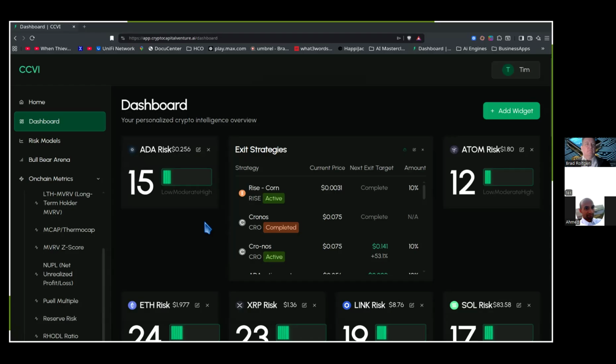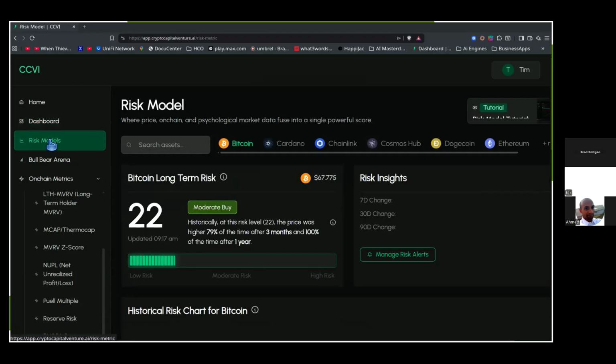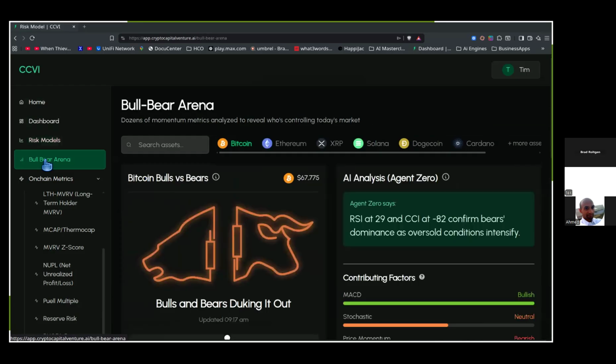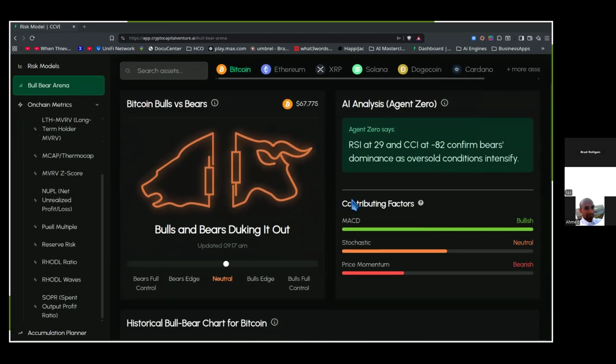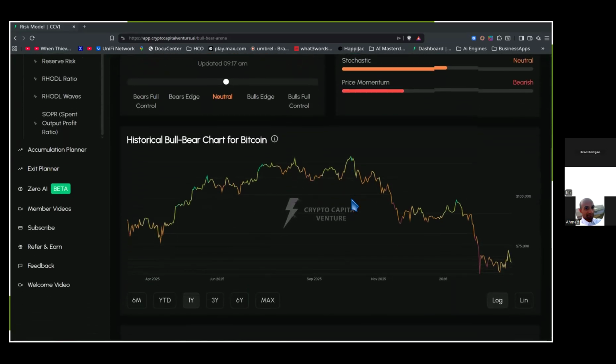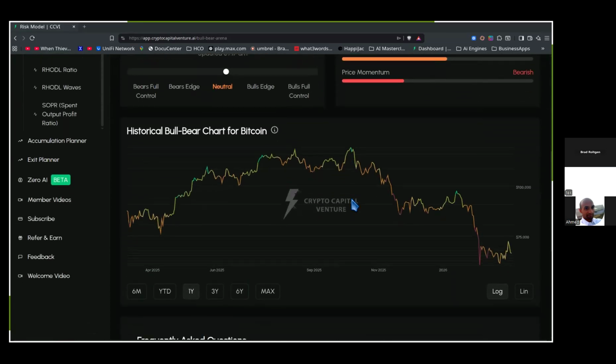And then we have the risk models, the bull and bear arena, which actually just kind of shows you what part of the market they believe we're in, and a lot of the things that basically help them determine that. And you can look that up for all of the different assets.